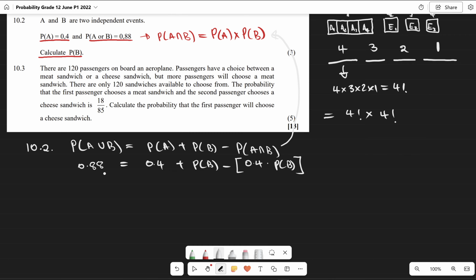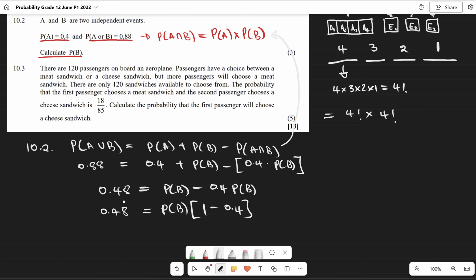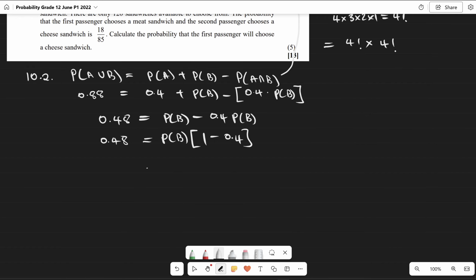If we take the 0.4 to this side, we are left with 0.48 equal to the probability of B minus 0.4 probability of B. We have a common factor here, which is probability of B, so we are left with 1 minus 0.4. So the probability of B times 0.6 on this side and 0.48 on this side.